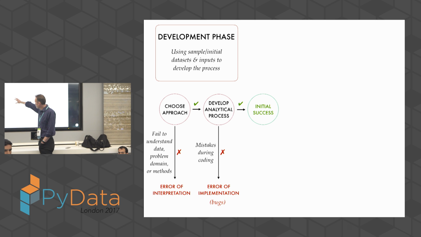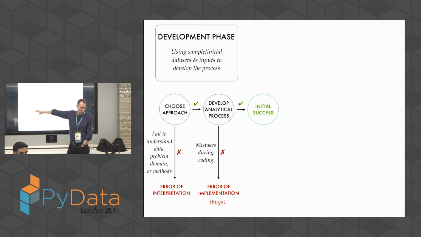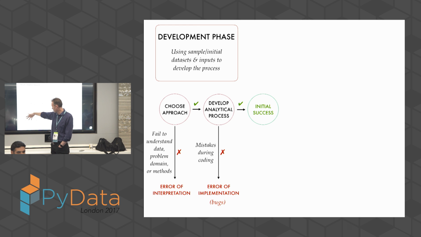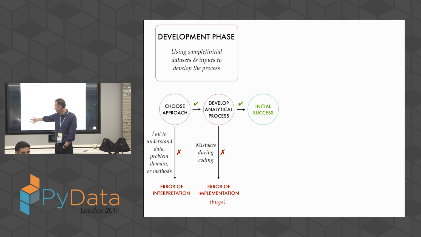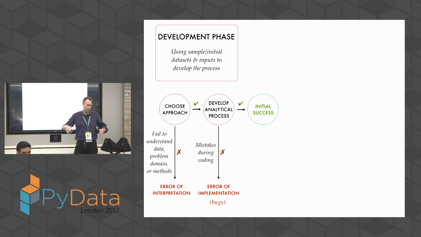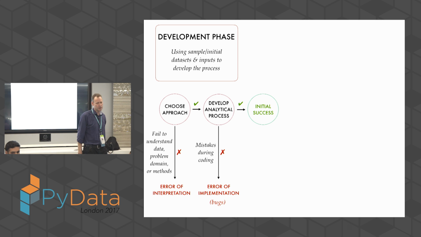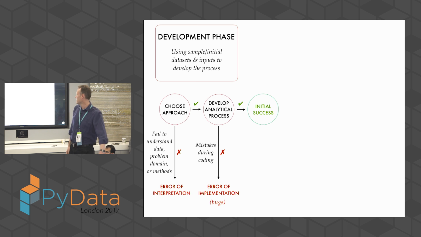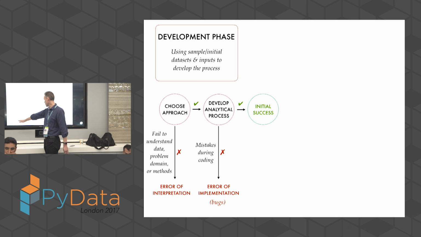And if we get any of those things wrong, clearly we're very unlikely to get our analysis right. And we've come up with this taxonomy whereby we call these different kinds of errors different things. So we call those errors of interpretation, where we've failed to understand something fundamental about the problem right at the start. And so clearly we want to avoid these errors of interpretation.